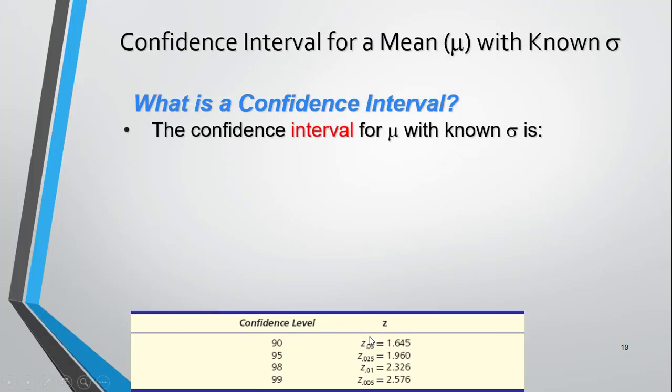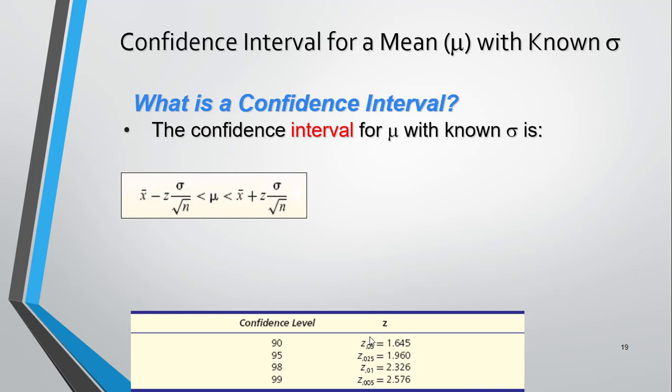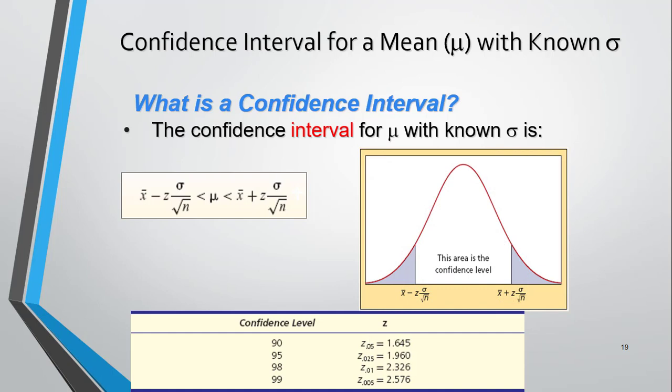And what is the confidence interval? The confidence interval for mu with known sigma is this. Mu is the population mean, and x bar is the sample mean. You take a sample, and then the confidence interval for mu, when sigma, the standard deviation, is known, is x bar minus z times sigma over the square root of n, to x bar plus z times sigma over the square root of n.